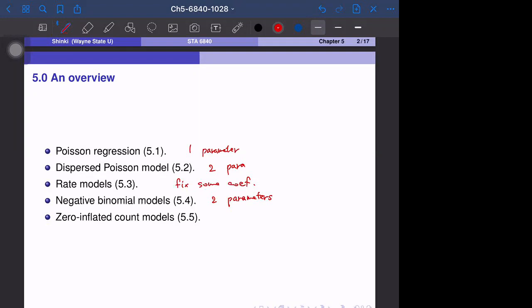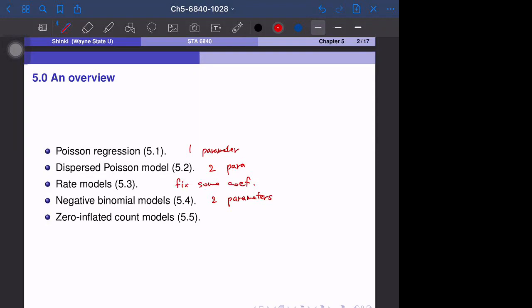And 5.5 is the zero inflated count models. So in some count data, most observations are 0. For example, the number of traffic accidents in a small town, the daily count. Then most of the days, the count is 0, but for some days in a year, the count is 1, 2, or 3.